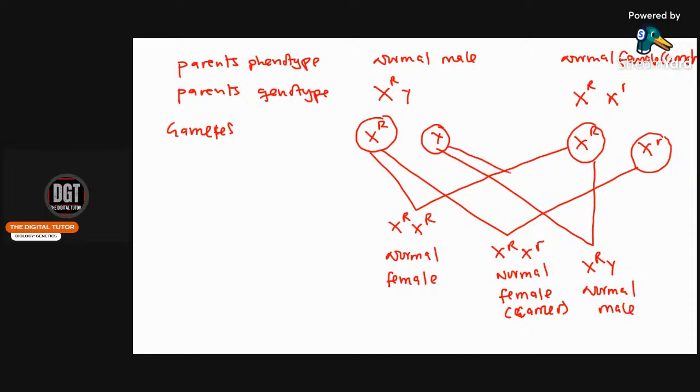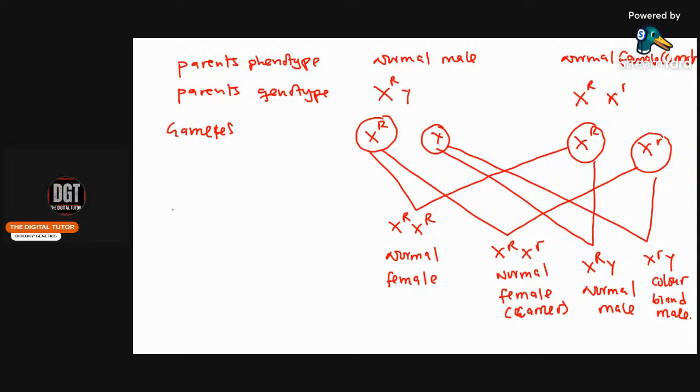Then we have this and that, which is X^r Y. This is the colorblind male. So this is how they will have the colorblind male.